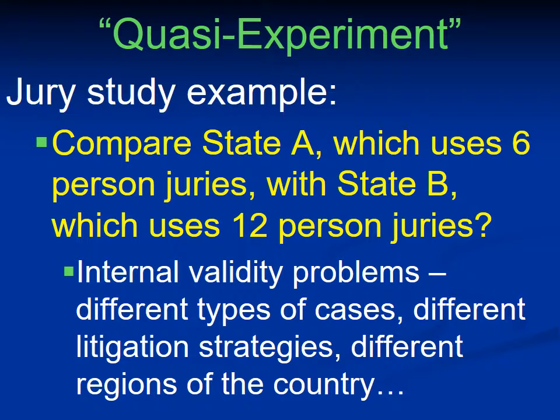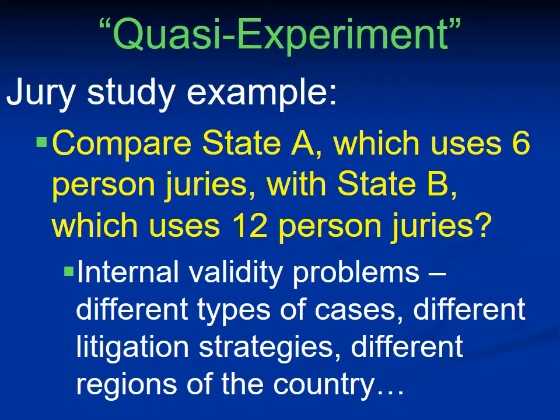So in order to further test our hypothesis, maybe after we did that true experiment with our college students, we might decide to devise a quasi-experimental design also to augment those true experimental results. So for example, as I show on this slide, we might compare state A that uses 6-person juries with state B that uses 12-person juries.